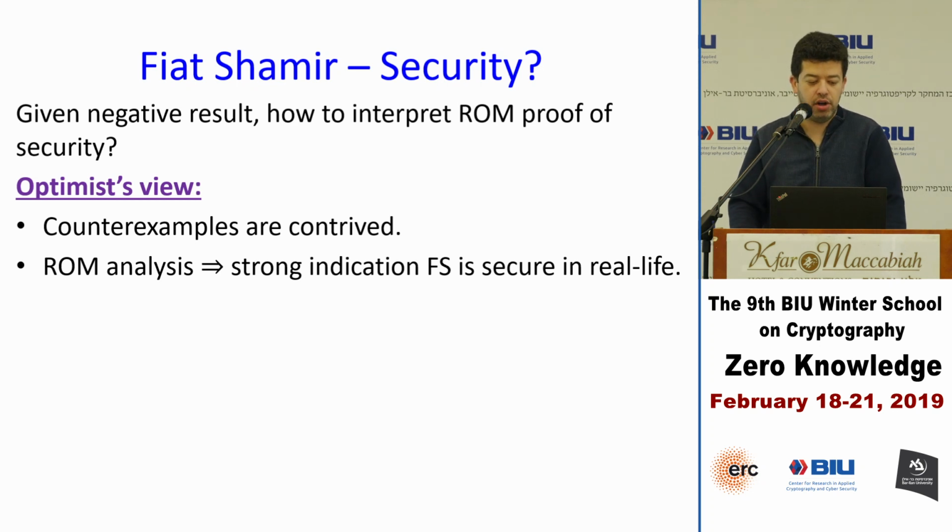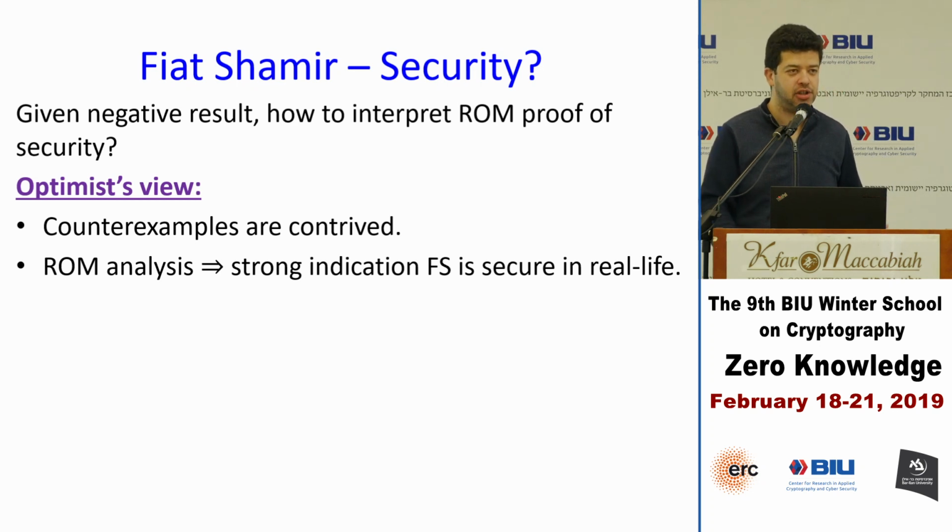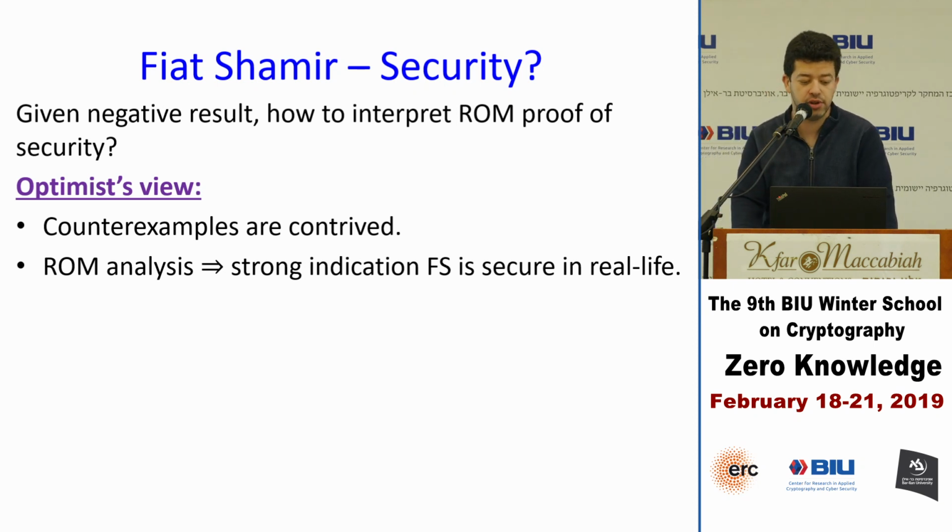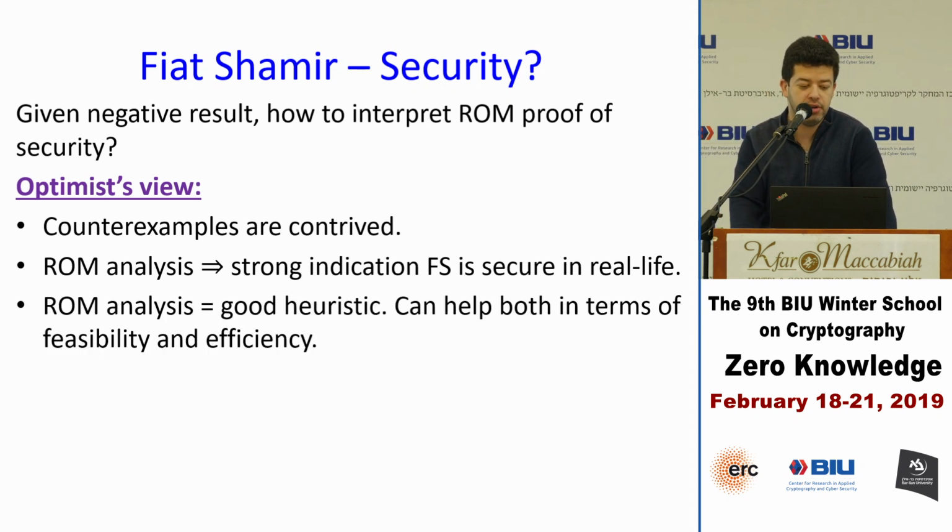And the random oracle model analysis that we have gives a strong indication that Fiat-Shamir will be secure for natural protocols. Again, this is the optimist view. You can just take this as a good heuristic. And this heuristic has shown itself to be incredibly useful, both in terms of feasibility results, getting things that we don't know how to do in other ways, or where we would need very strong assumptions otherwise, and in getting huge efficiency boosts.